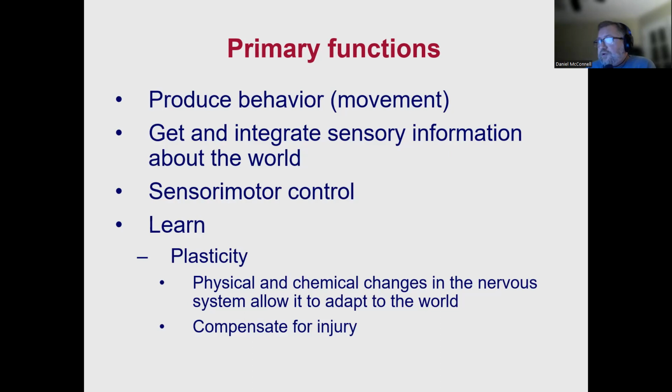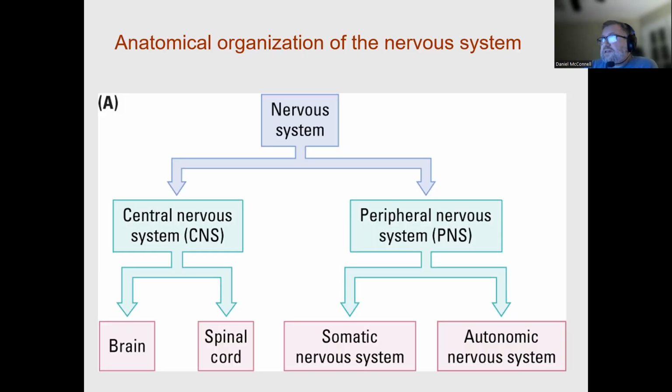It's also worth pointing out that the brain has the ability to compensate in the case of injury. Hopefully that doesn't happen, but for some of us it may, and therefore the ability of the brain to adapt not just to changes in external circumstances, but to changes in internal functioning as a result of injury is part of the broader concept of plasticity.